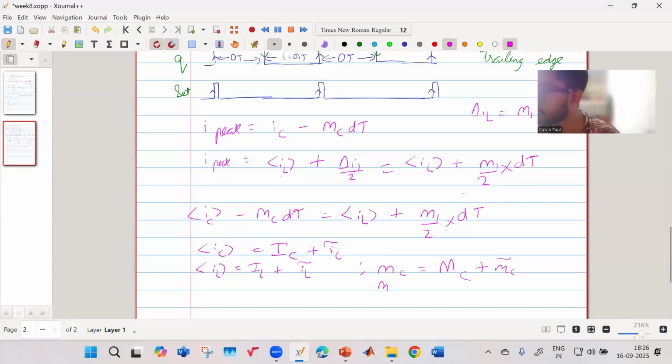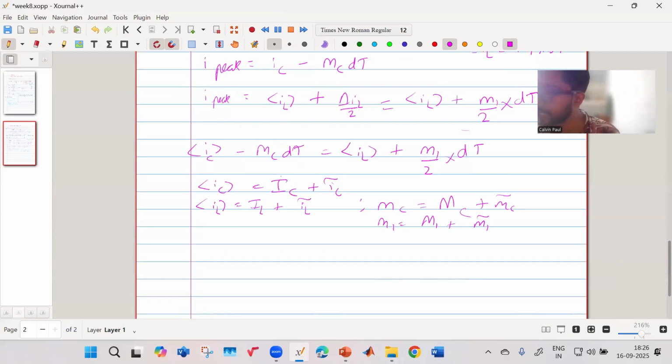And M1 is equal to capital M1 plus M1 tilde. So when you substitute that, you will get IC plus IC tilde minus of MC plus MC tilde into capital D plus D tilde, T. So your D should be replaced by D plus D tilde. And we will consider your MC tilde to be 0, so we can neglect that, right?